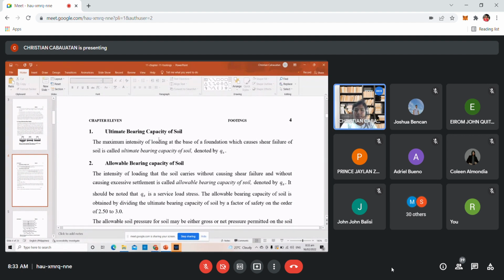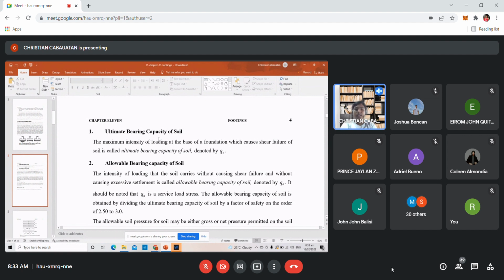Okay? Mostly the factor of safety that is given ranges from 2.5 to 3. Okay? There is no unit for this factor of safety.